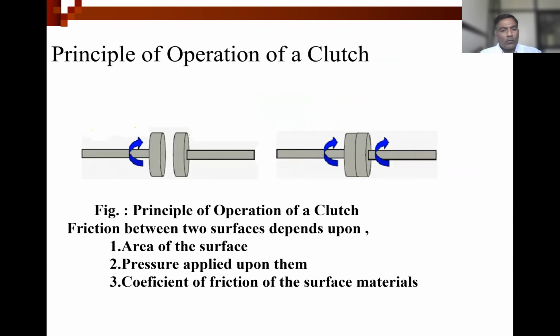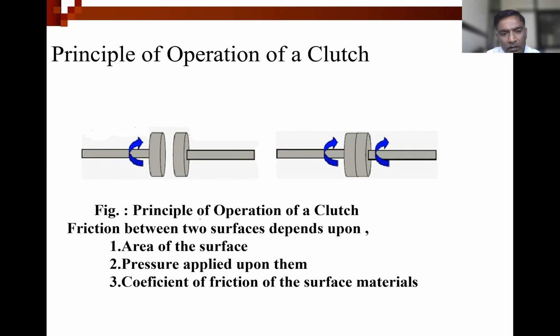Okay, so area of surface, how much area of that frictional material can be used to get the torque transmission, then how much pressure can be applied, and the coefficient of friction of that particular material.